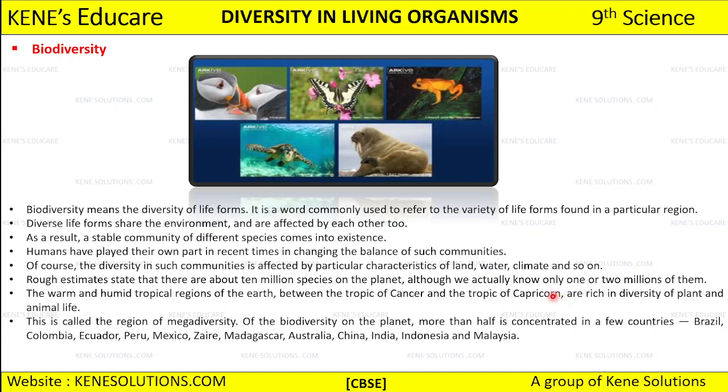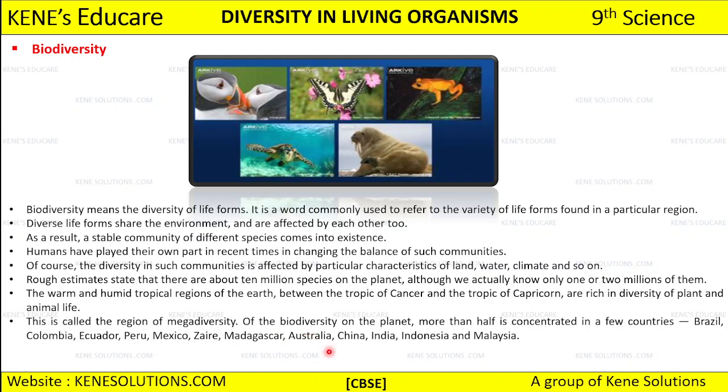Both these tropics have a rich diversity of plant and animal life. And the region between the Tropic of Cancer and the Tropic of Capricorn, we call the region of mega diversity.